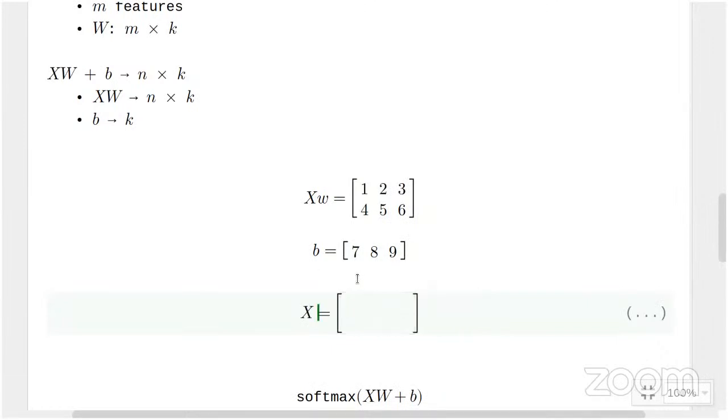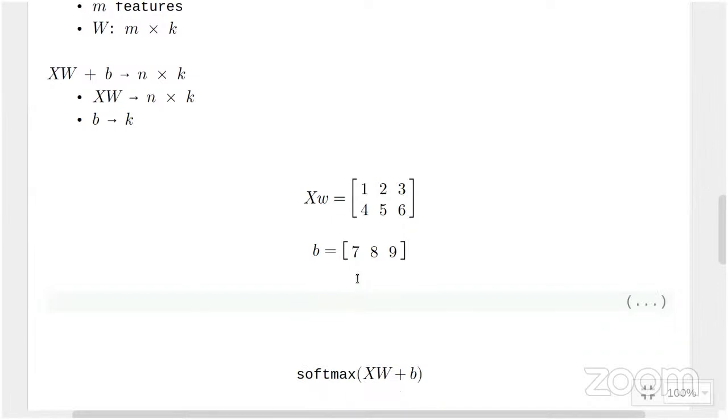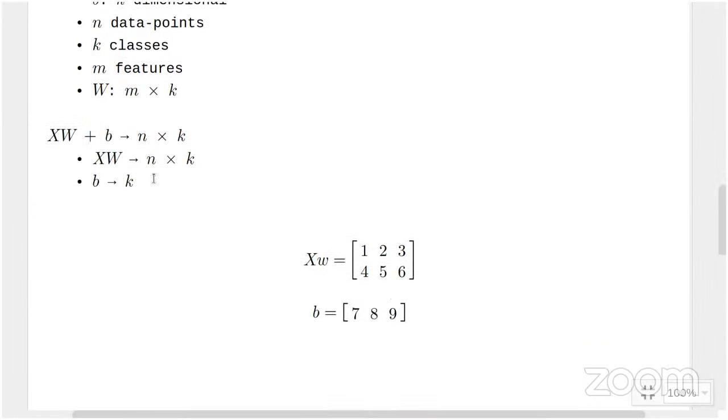A smart way to do that would be to add K-1 columns with one hot encoding to my design matrix, then we don't need the B term outside, it will be embedded within X. That will be a better way to do it. That alone needs a slightly longer discussion, and it's already 9:40. So this part is okay for all of you? It's one bias term for each class.